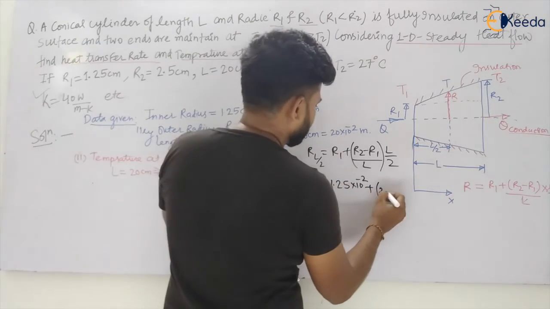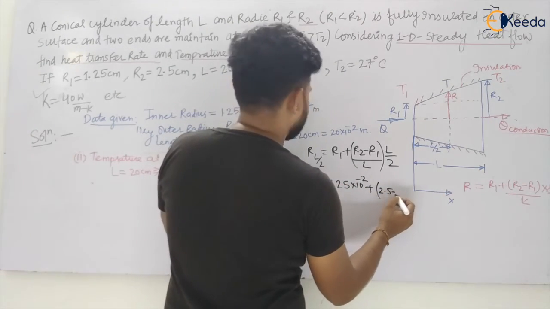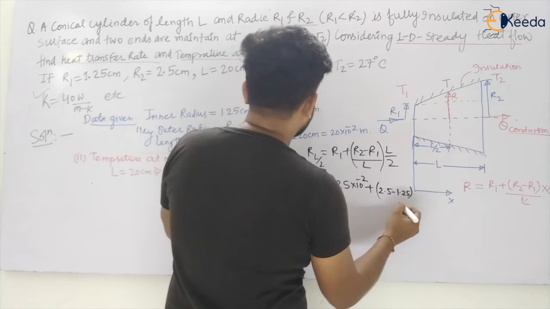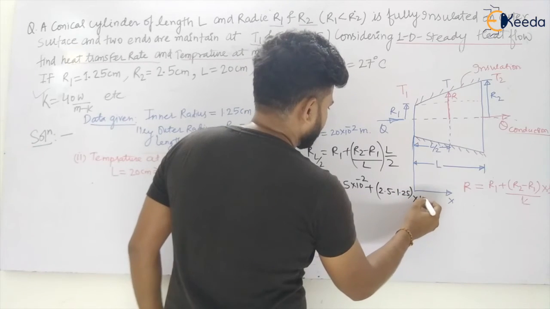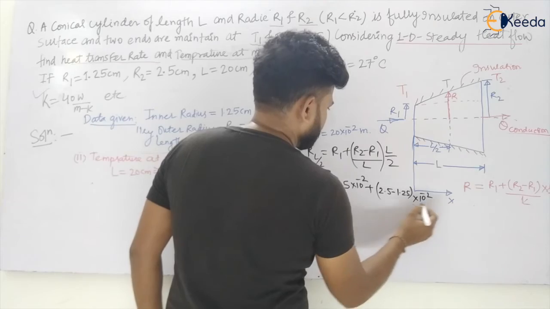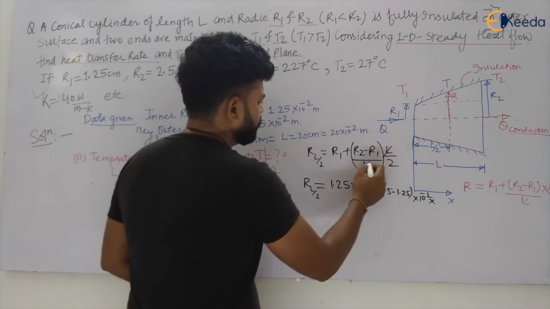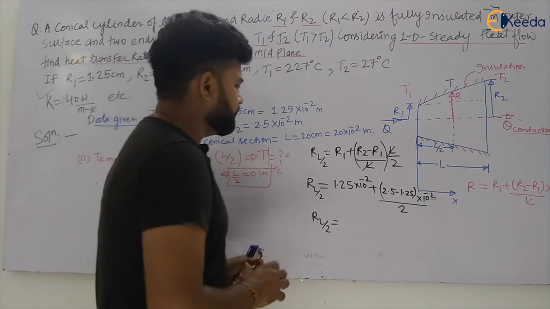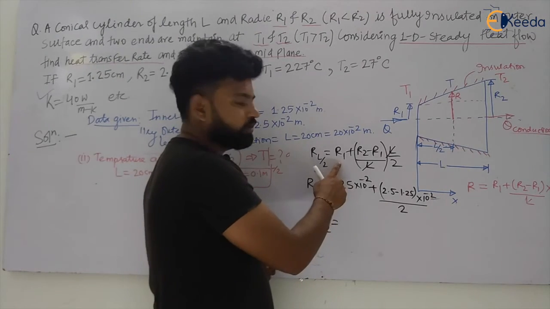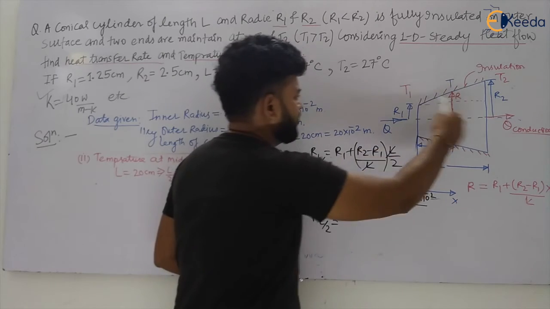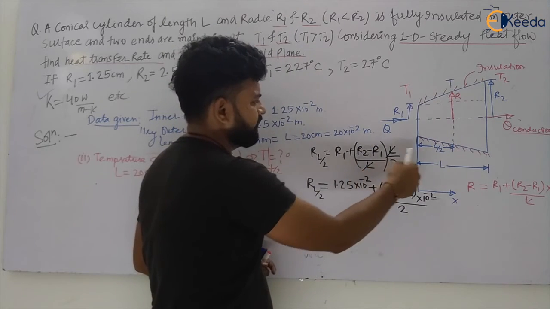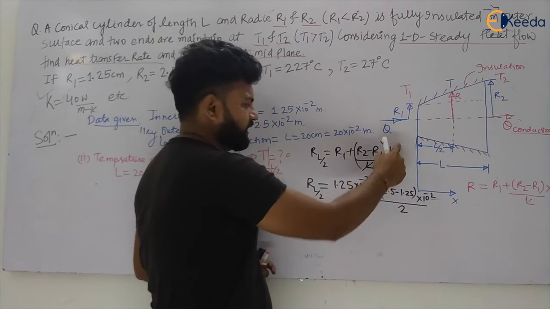So that is 2.5 minus 1.25 multiplied by 10 to the power minus 2 multiplied by L by 2. So L will go, you don't have to take it. So R will be given by R1 plus R2 minus R1 divided by L multiplied by X, that is L by 2.